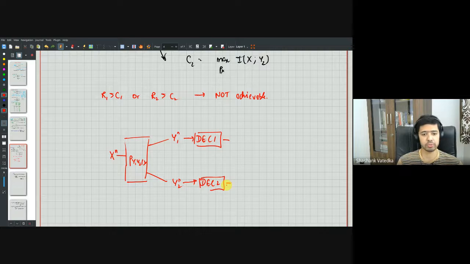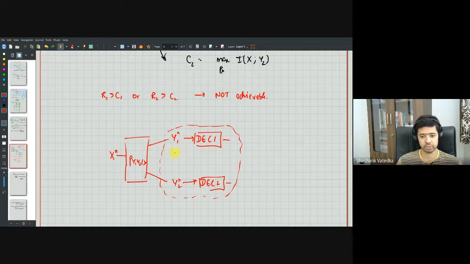Right. So suppose that I consider a more powerful set of decoders. Suppose that the decoders could somehow cooperate with each other. Okay, so there was one single decoder which could see both y1 and y2 at the same time.